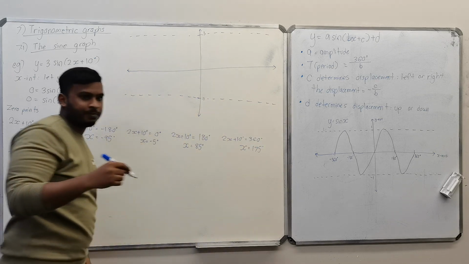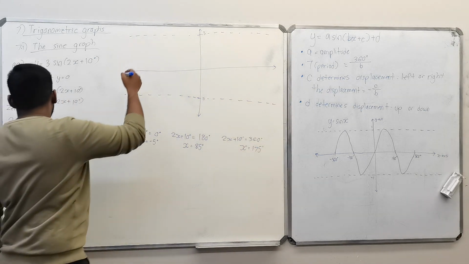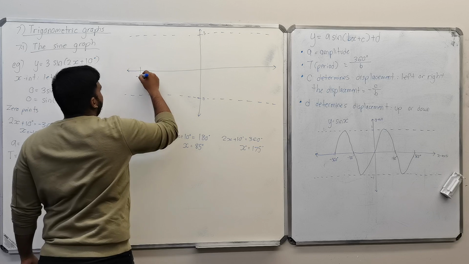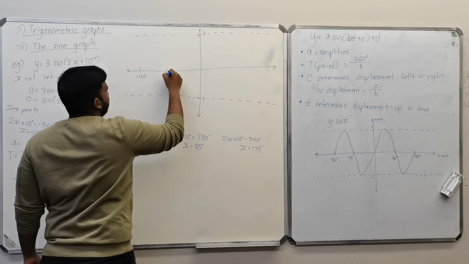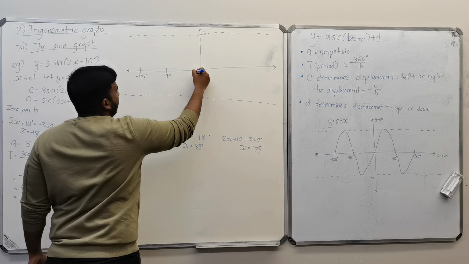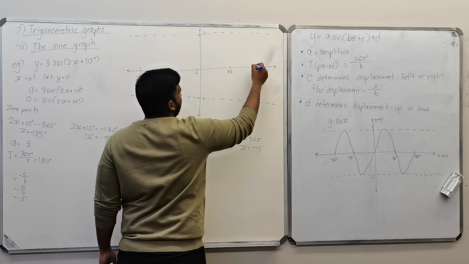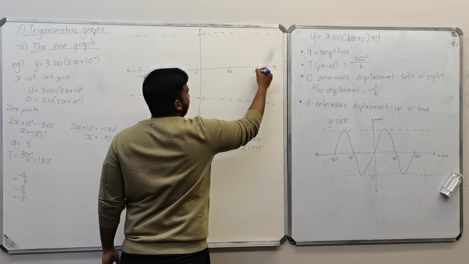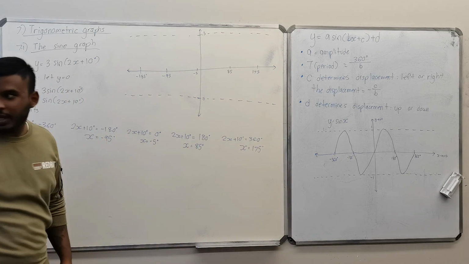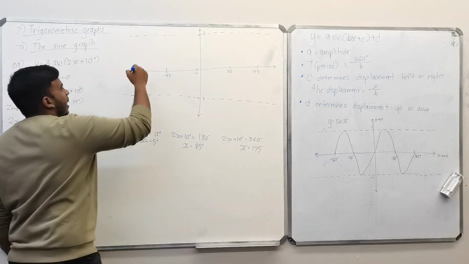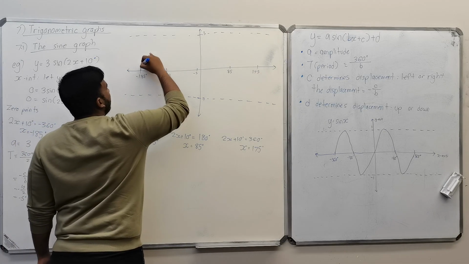Your 0 points are minus 185, minus 95, minus 5, 85, 175. Good. Now you will just basically need to draw your graph.